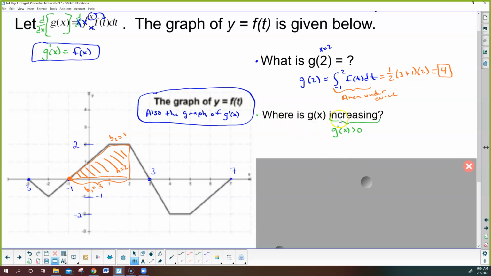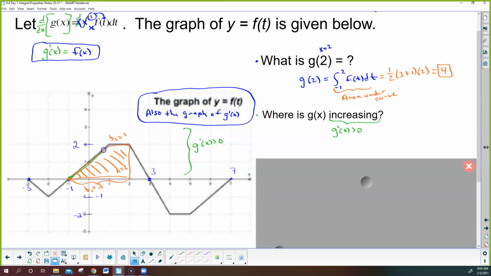So when is g increasing? Well, g is increasing when the derivative is greater than 0. So looking at this graph, this is the graph of the derivative. And anytime we are above the x-axis, I know that g prime is greater than 0.